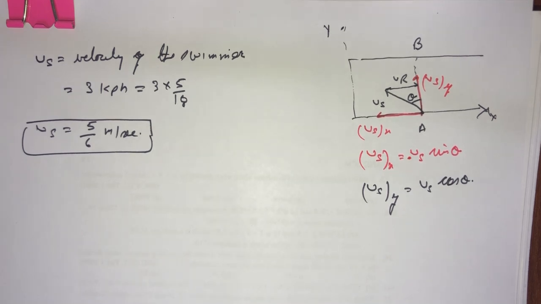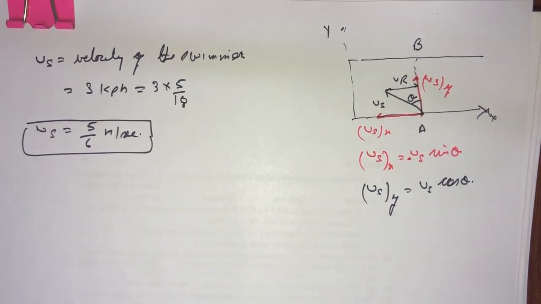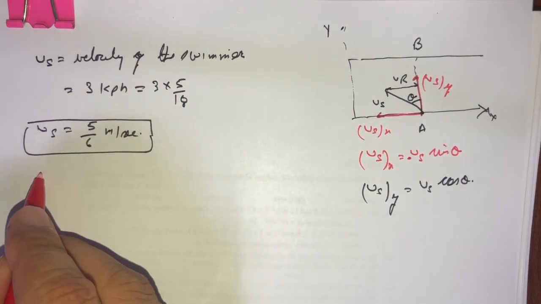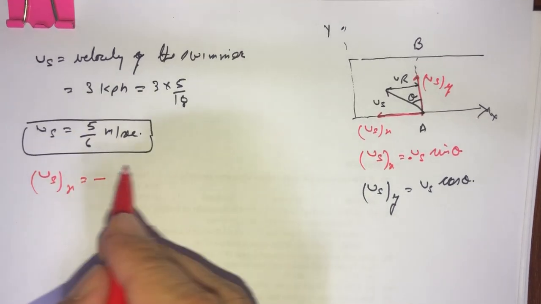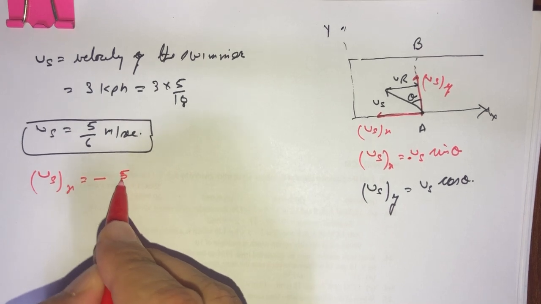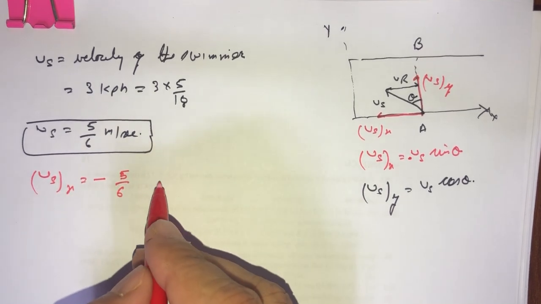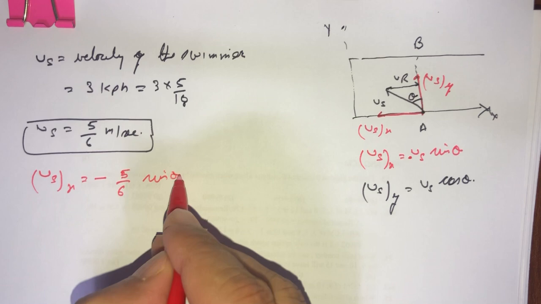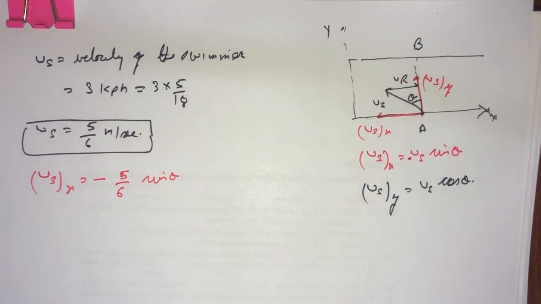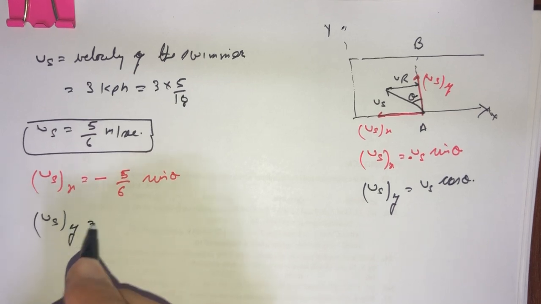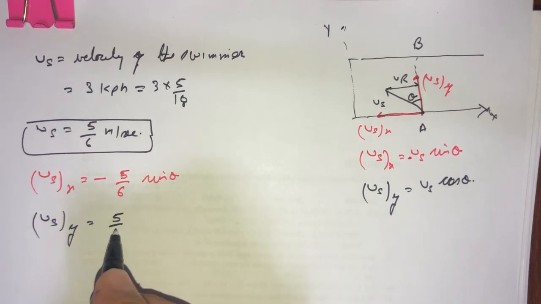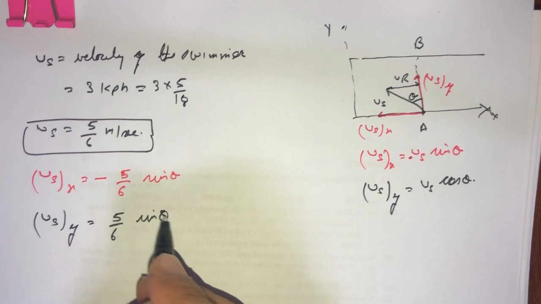So we can say that our Vsx, velocity of the swimmer in x direction, will be equal to minus Vs, which is given as 5/6, times sine of theta, and we have in y direction Vsy will be 5/6 cos of theta.